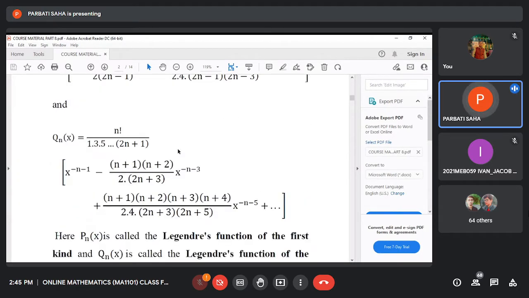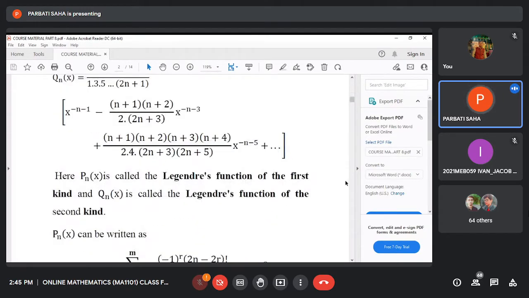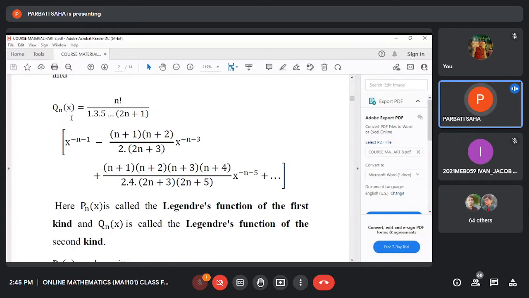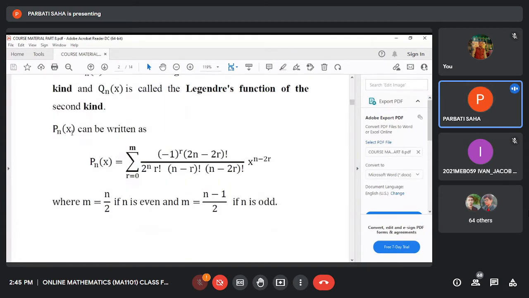And Qn(x) is given by this. Here Pn(x) is called Legendre function of the first kind and Qn(x) is called Legendre's function of the second kind. And Pn(x) can also be written in this form.